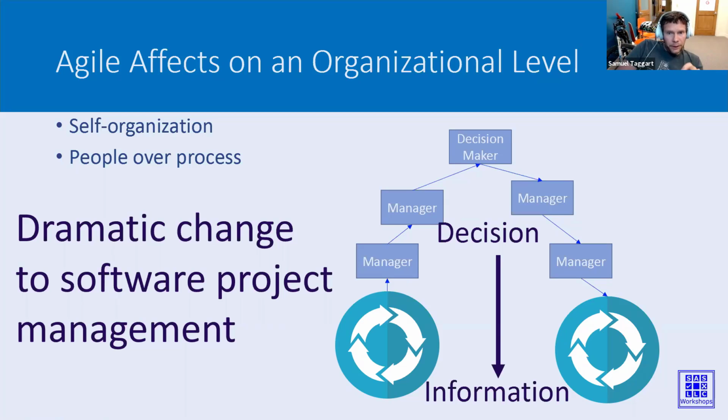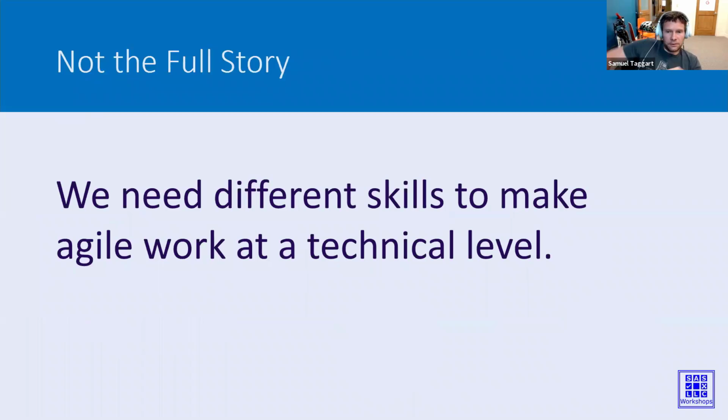But where we do have a huge amount of control is on the technical side. Because we're changing the way we work, we need a different set of technical skills in order to make all this work.